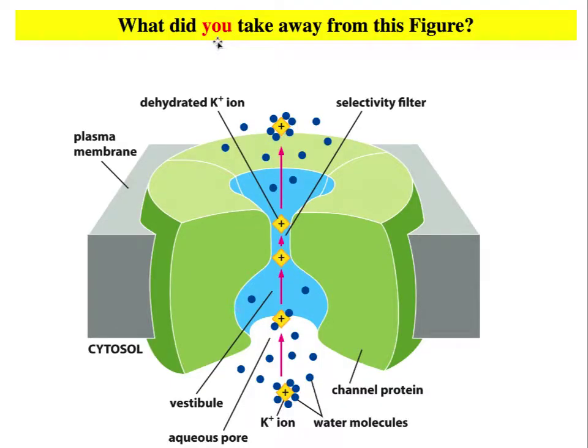So looking deeper at these ion channels, in this particular case a potassium channel, we notice that the proteins are arranged in a donut shape to allow the formation of a central pore. And the pore has many functions along its length. The most critical location will be here, in this case, where we have the selectivity filter.